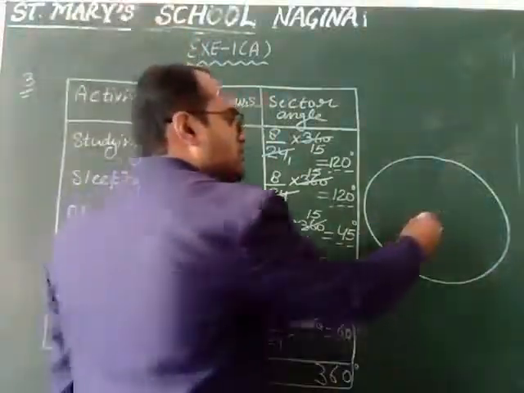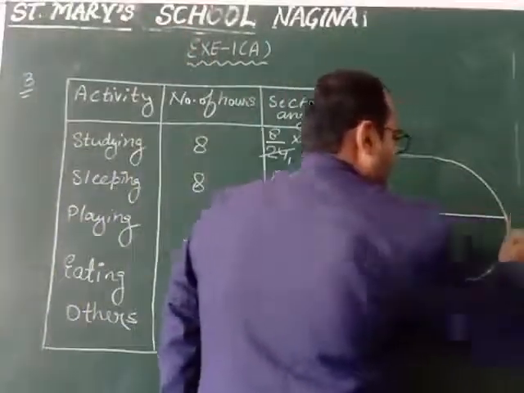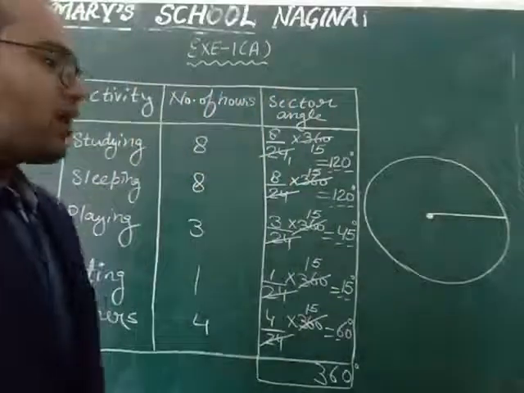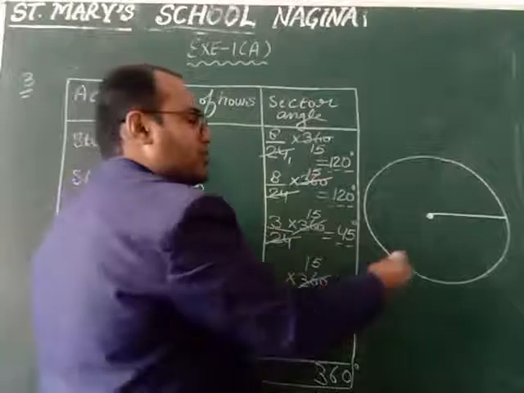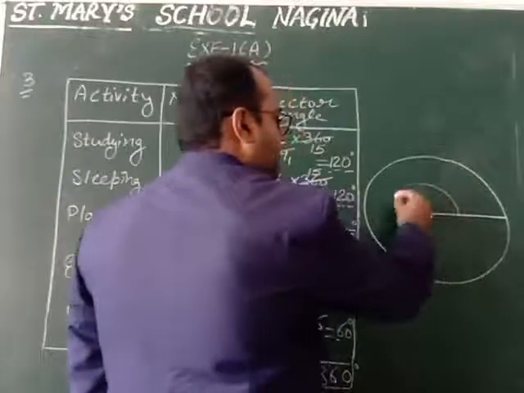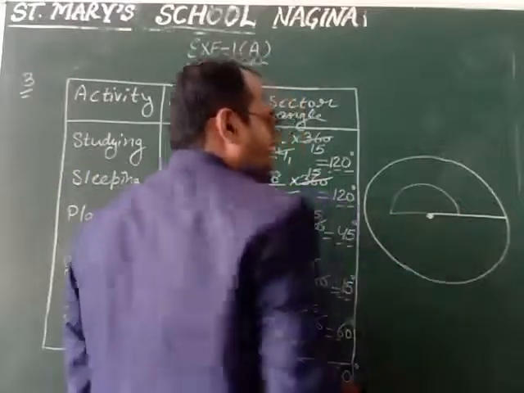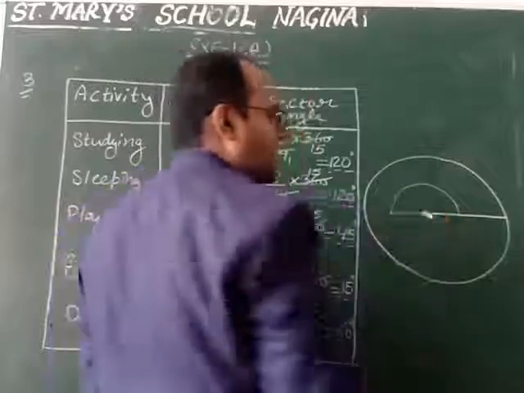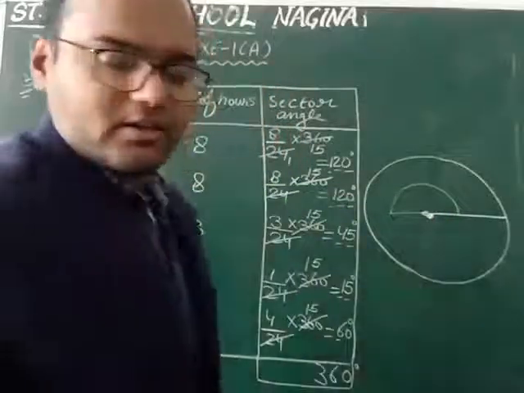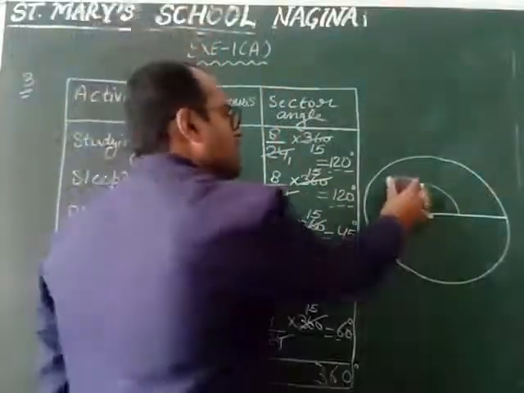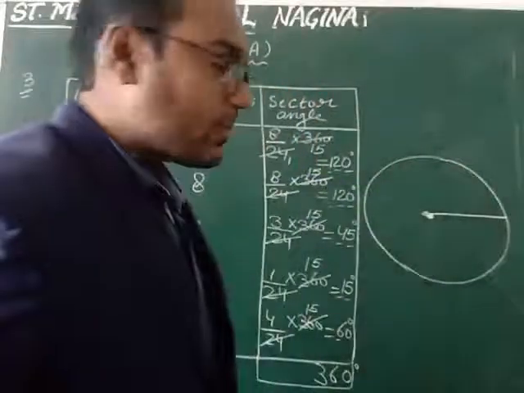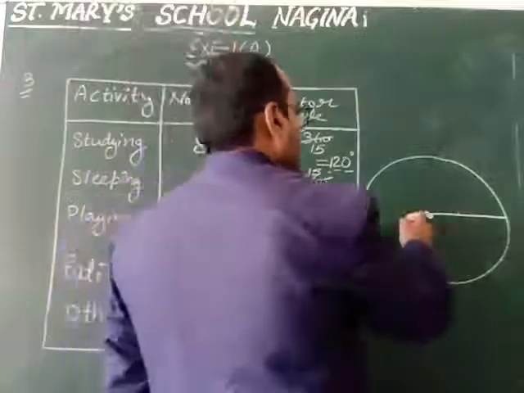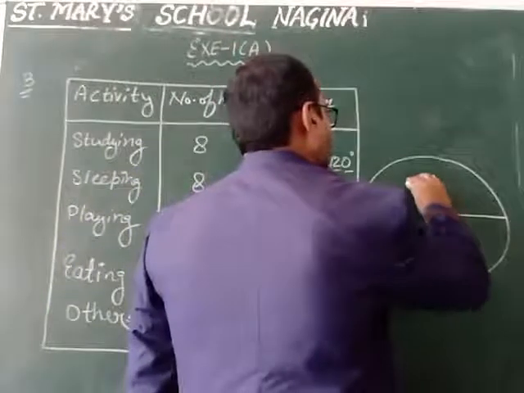Now we will draw one straight line ourselves. Now with the help of a protractor we have to make an angle of 120. Here we will keep one protractor. With the help of the protractor we will draw an angle of 120 here. 120 degree angle, like this it will come.